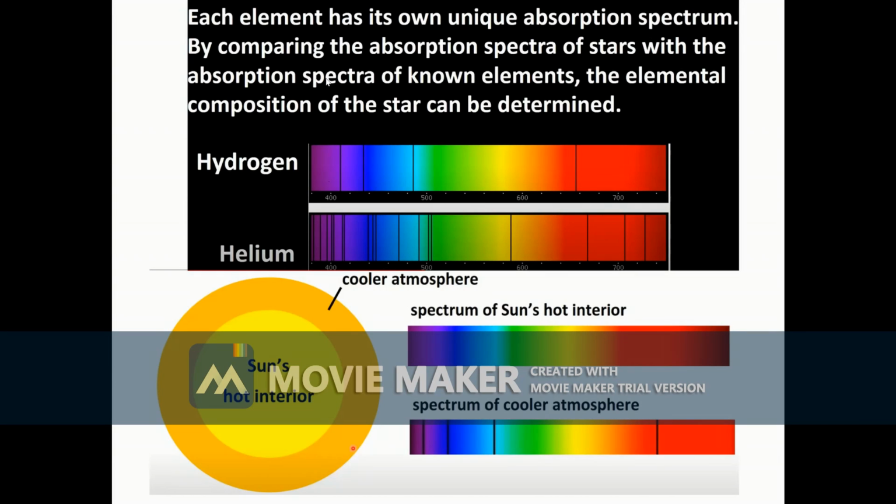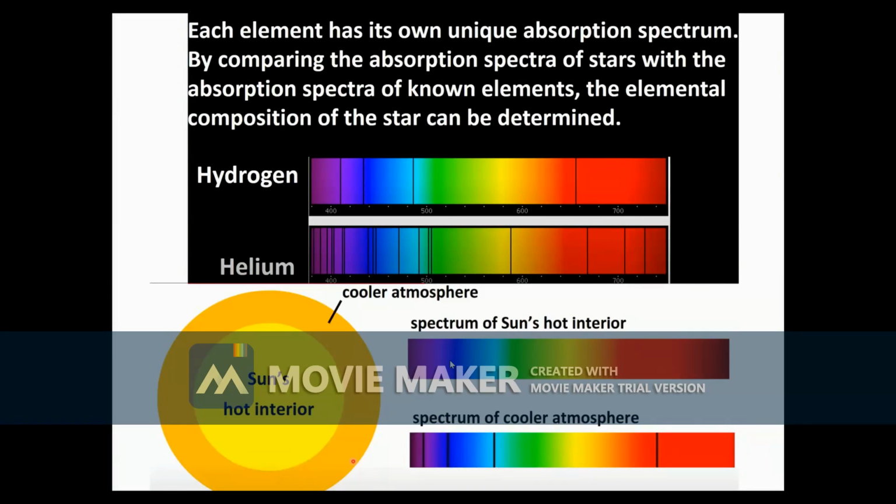And by comparing absorption spectra of stars with the absorption spectra of known elements, we can get to the elemental composition of the star. For example, the sun's hot interior spectrum is continuous at any point.